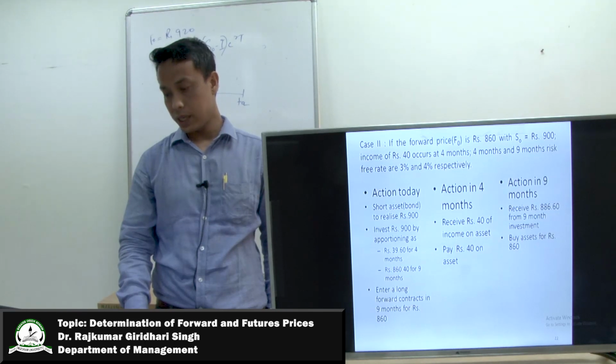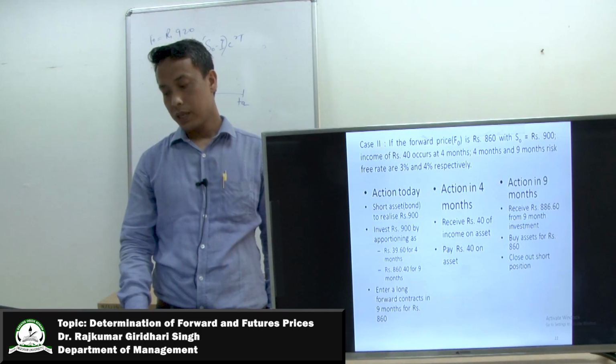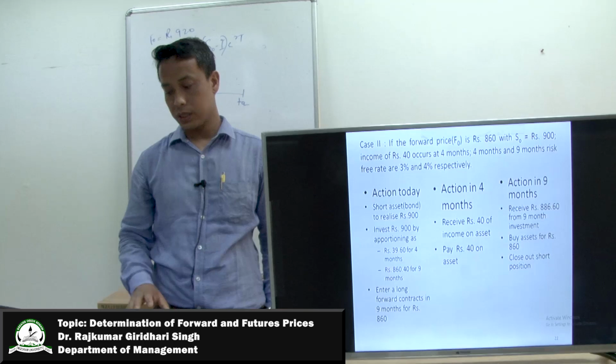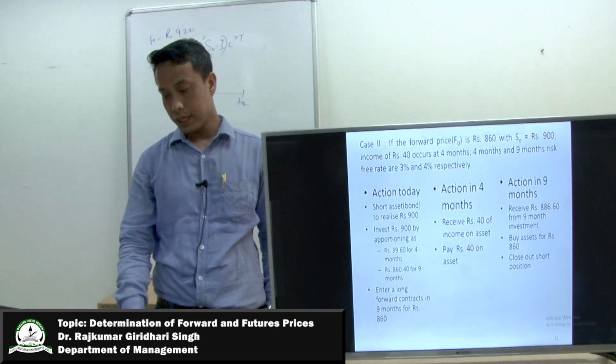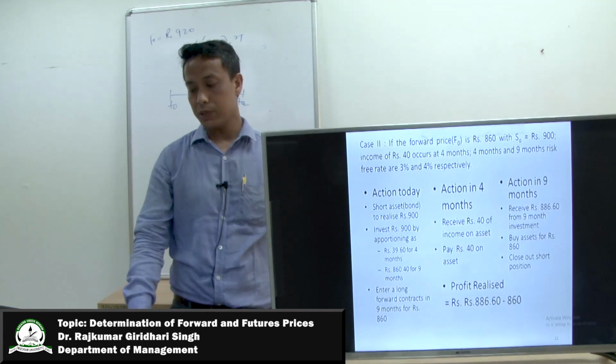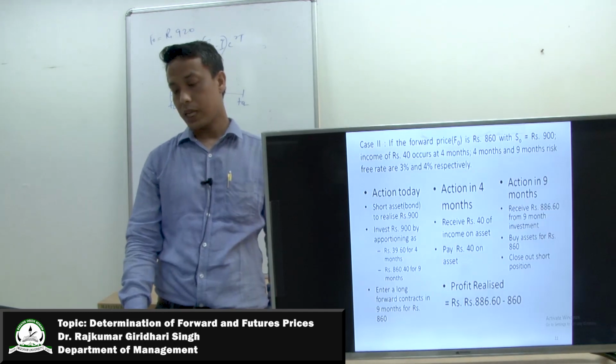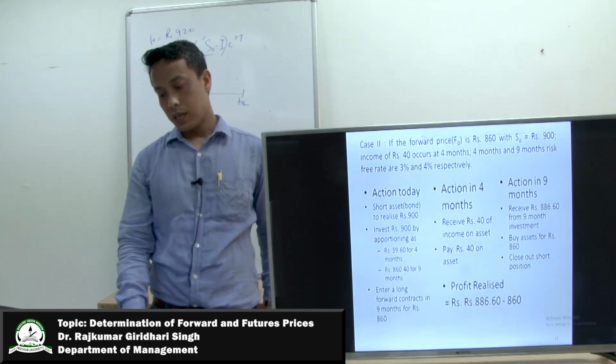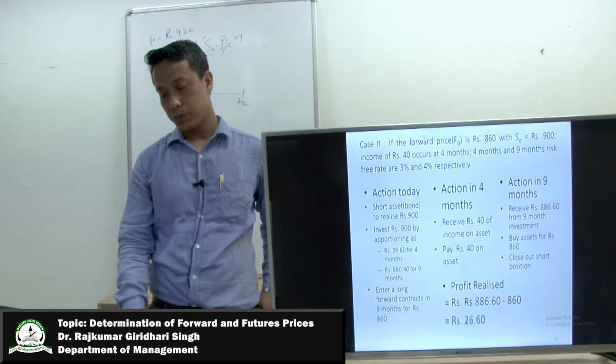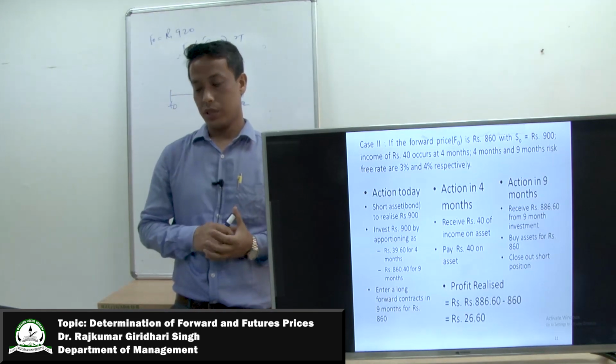So 860 we are able to buy. Now we close out the short position, the asset we have, we pay back to the lender. So here also ultimately we realize a profit of rupees 886.6 minus 860. So we end up with rupees 26.6.